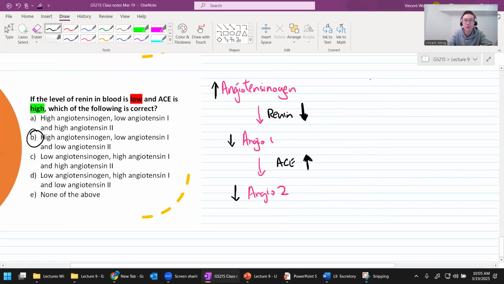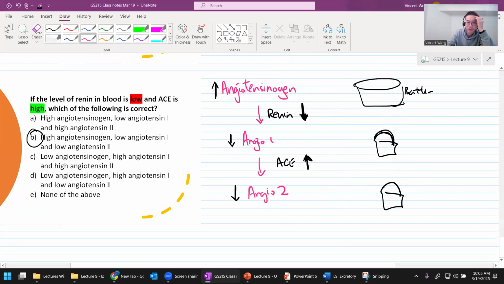Okay, for other people, let's just do another example. It's like, you have the batter here, batter for making muffins, and then you're going to bake the muffins, and then you're going to add, I don't know, sprinkles to it or whatever. Okay.